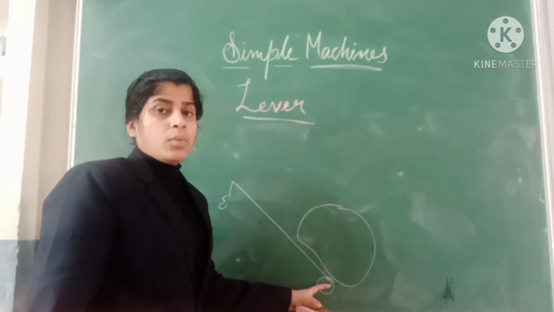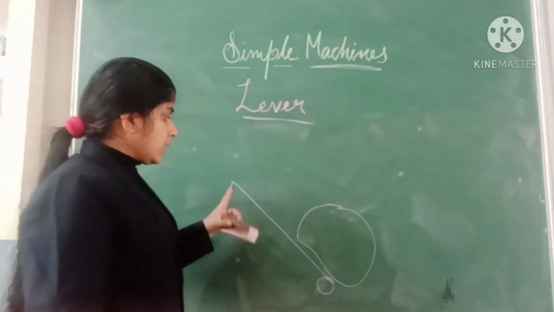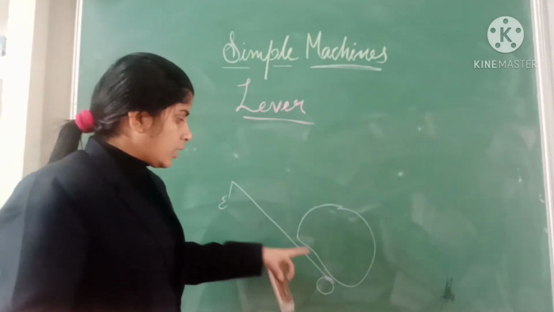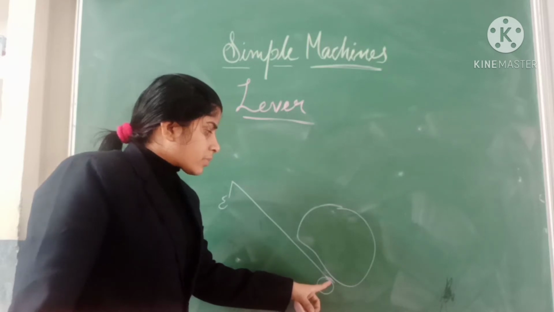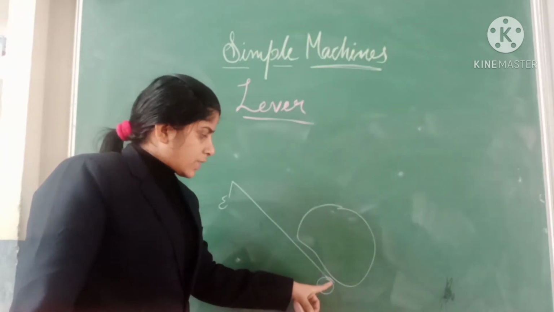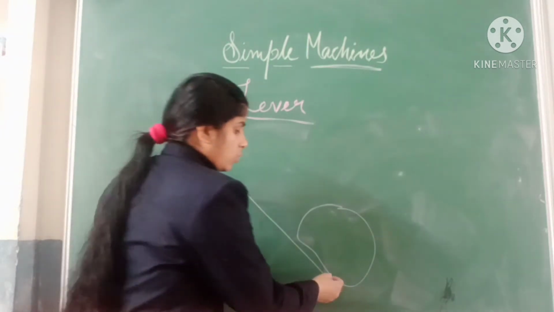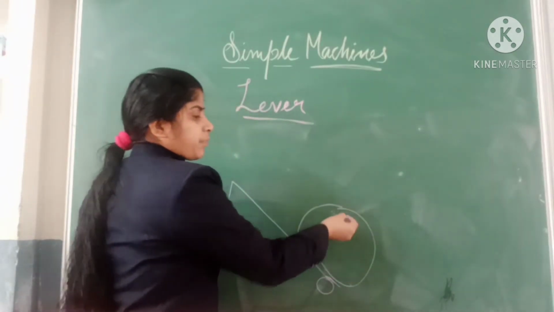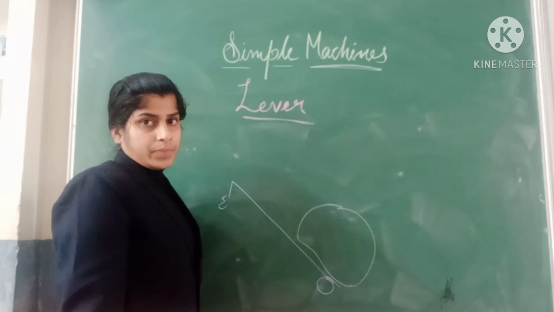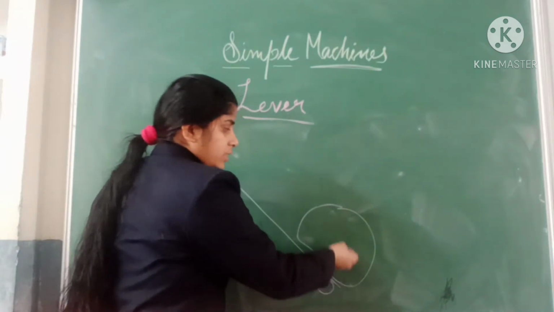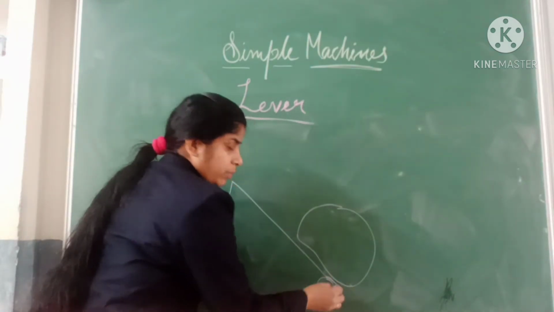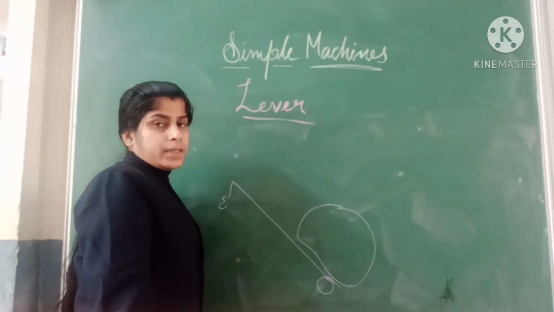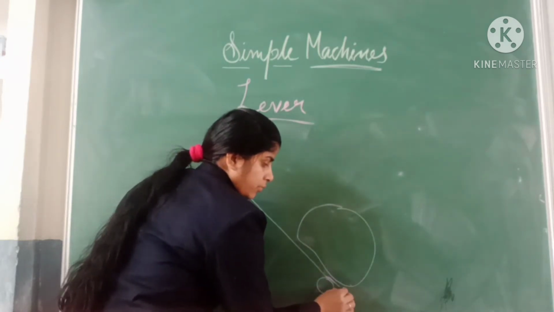When he applies the force on the lever, the supporting stone helps to move the lever. Like this, he can lift this stone. This moving part is the fulcrum.